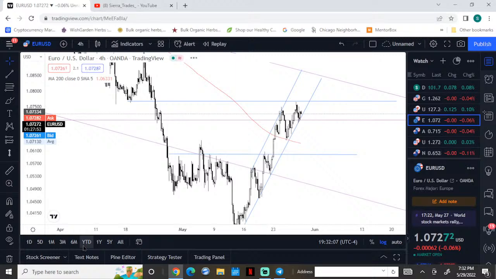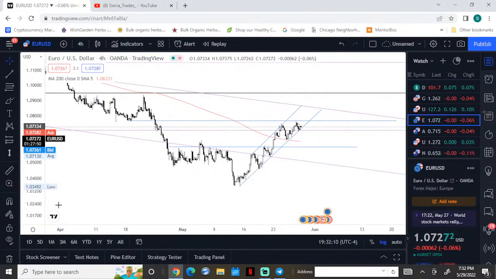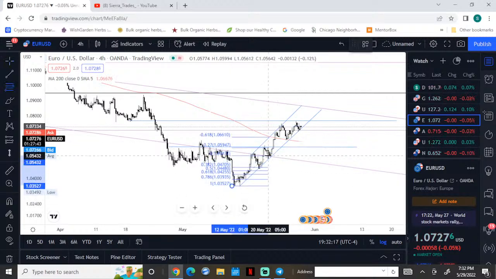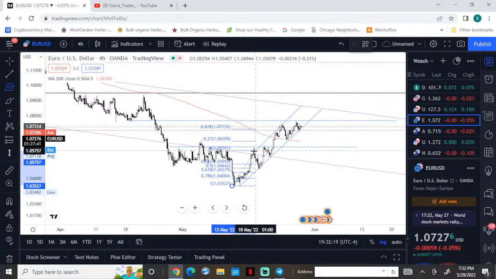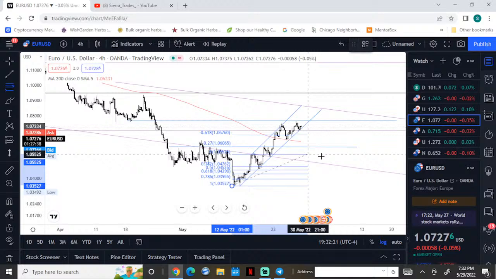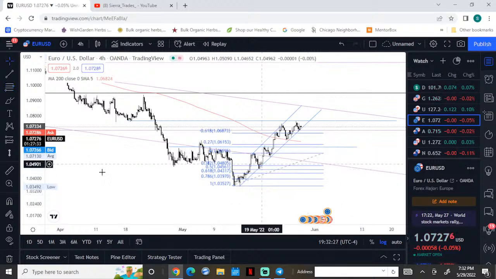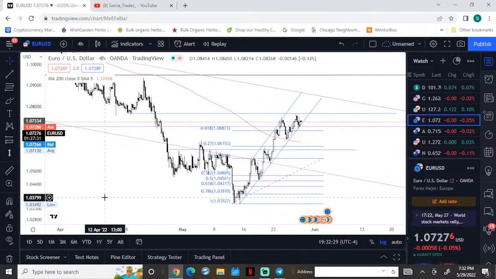All right, let's see. Where are we at on this fib? This was our double bottom low. This is our point A. Point B is here. But I'm going to drag my fib all the way over. Get that on there good. Yeah, this fib was completed beautifully.